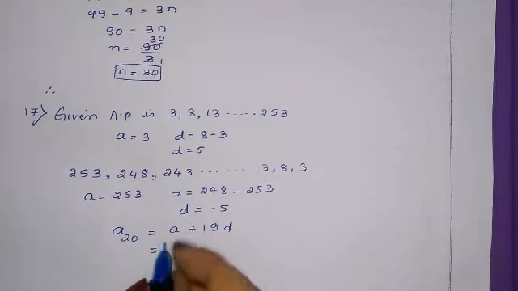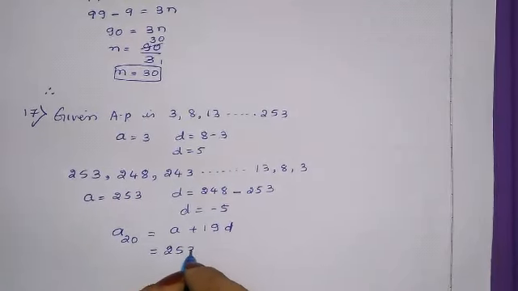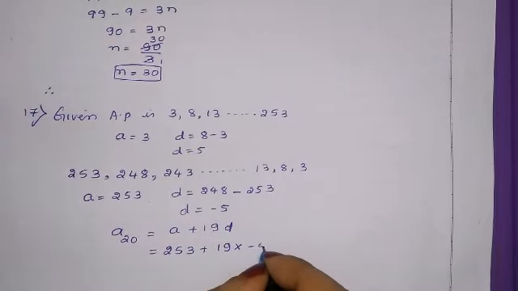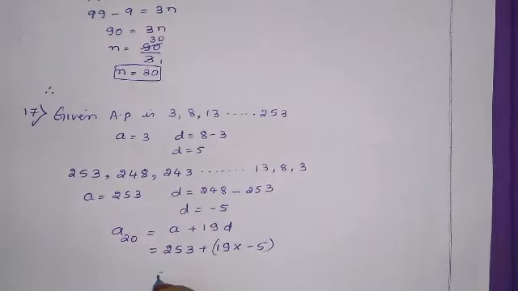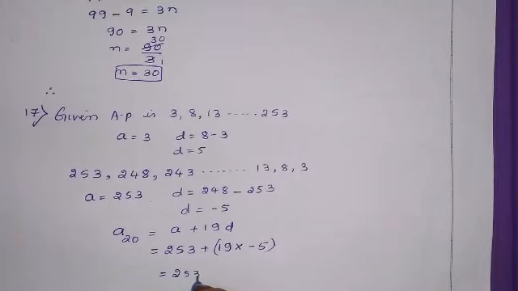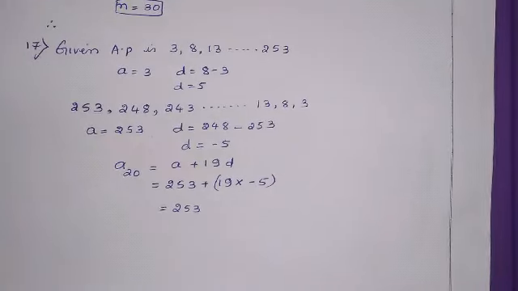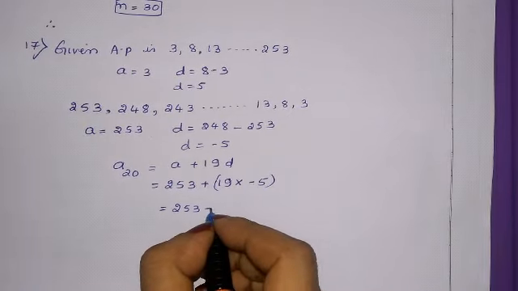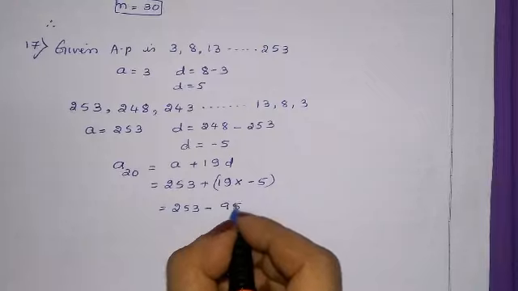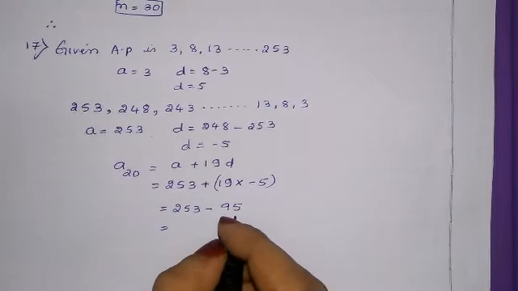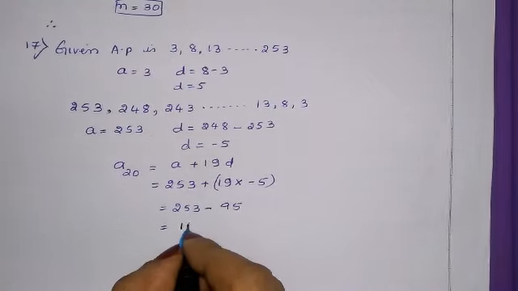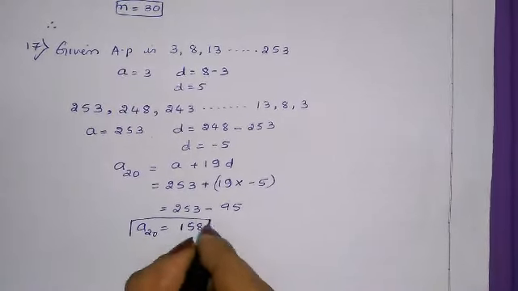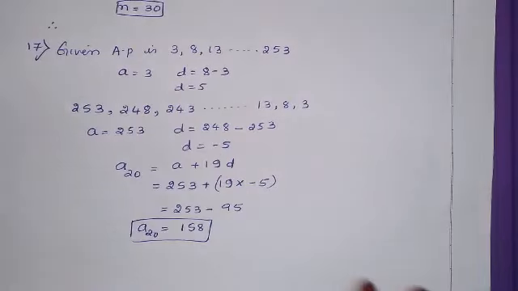A value is 253 plus 19 into D value, which is minus 5. Minus 19 fives are 95. 253 minus 95 is 158. So A20 is 158 from the last term.